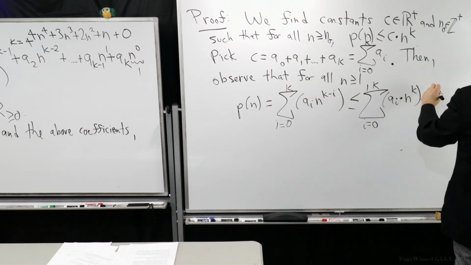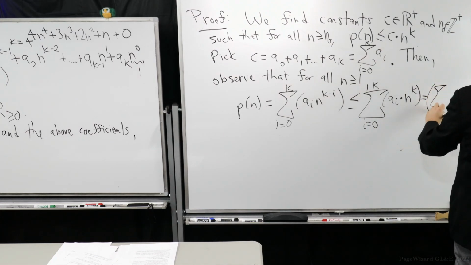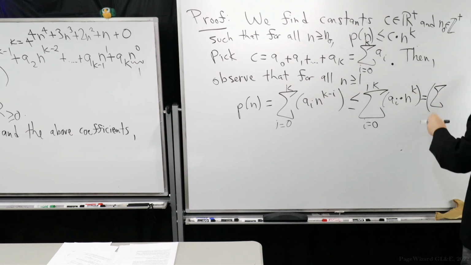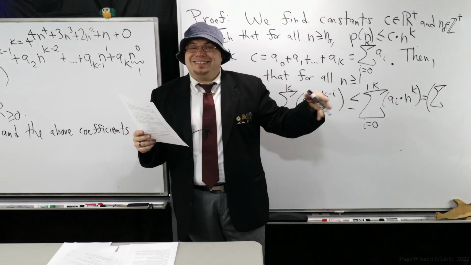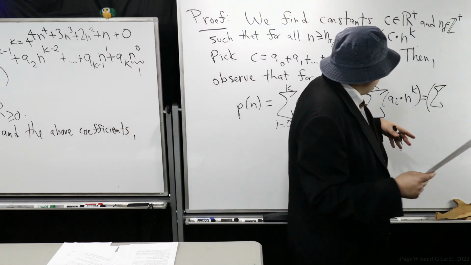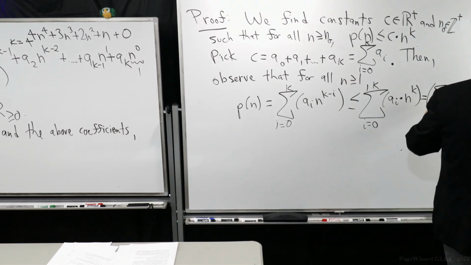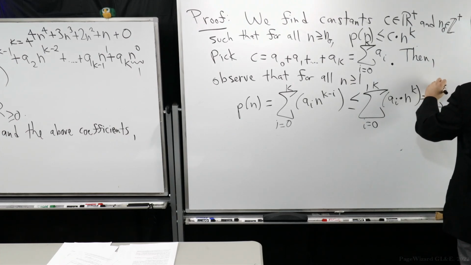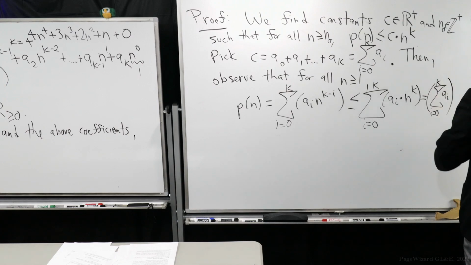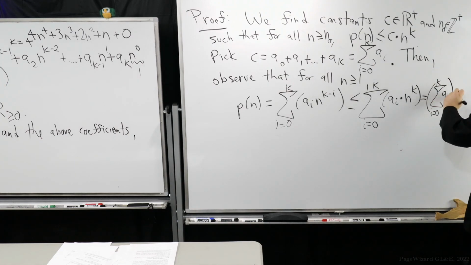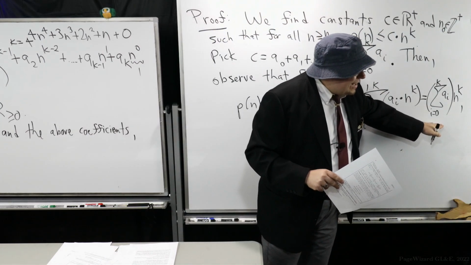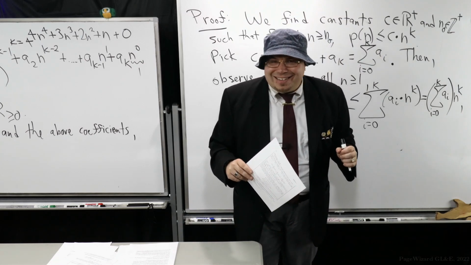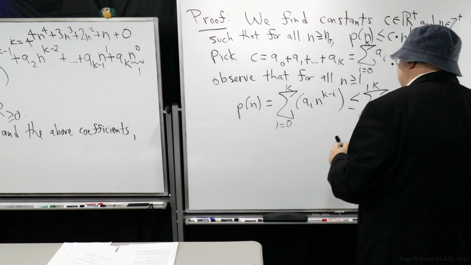Notice that all of these n to the power k's don't vary with i, so I'm going to put it out to the side of the summation, and look what you've got sitting inside: the sum from i equals 0 to k of ai. I multiply this by n to the power of k. But what's this? That's c, exactly.